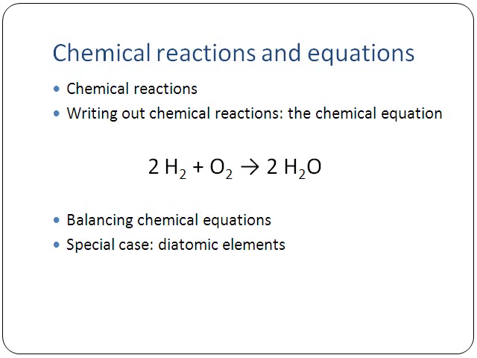The basic form of this is that the ones on the left side, these guys right here, are called the reactants. And the ones on the right side, in this case there's only one of them, are called the products.